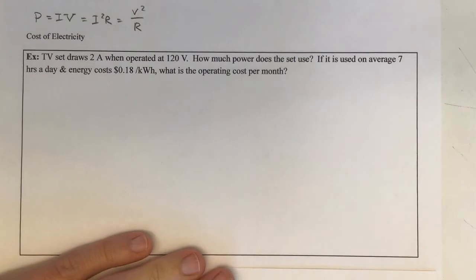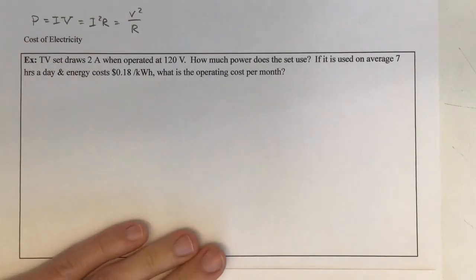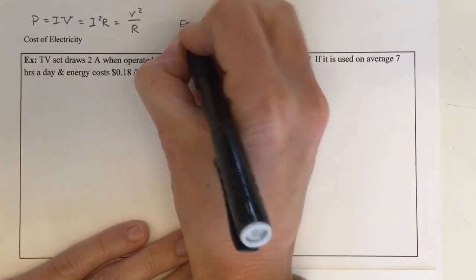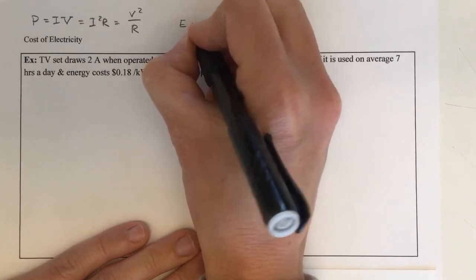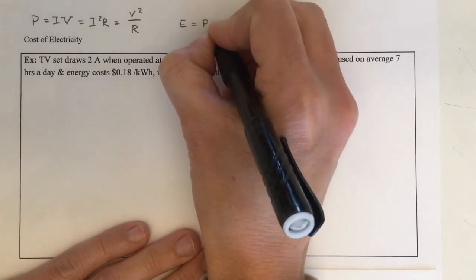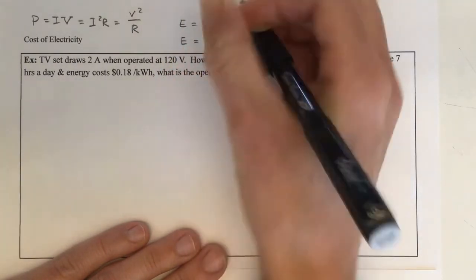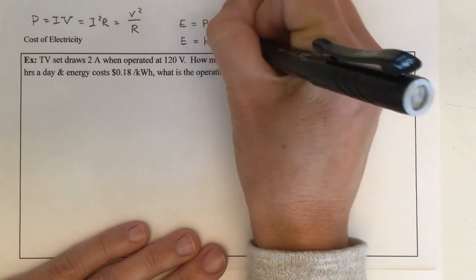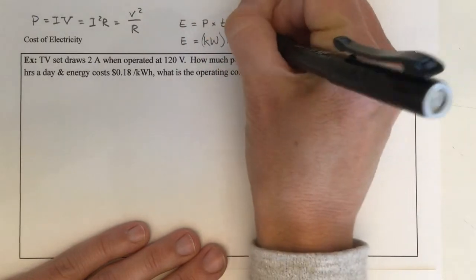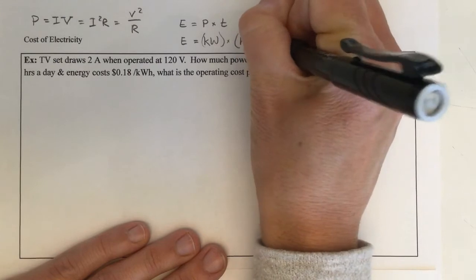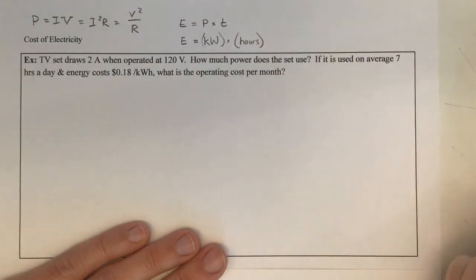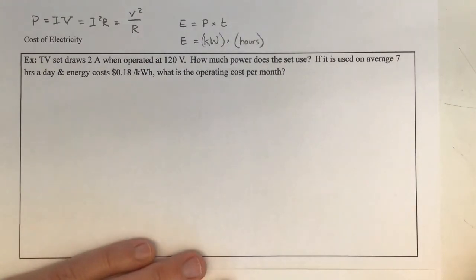And then whenever we're figuring out the cost of electricity, we need to figure out how much energy is being consumed. Energy is going to be power times time. Another way to think about that is our energy is the number of kilowatts times the hours. This is the one time where we have the weird unit of hours and not seconds, just because it's easier to get a reasonable number for energy in terms of hours.